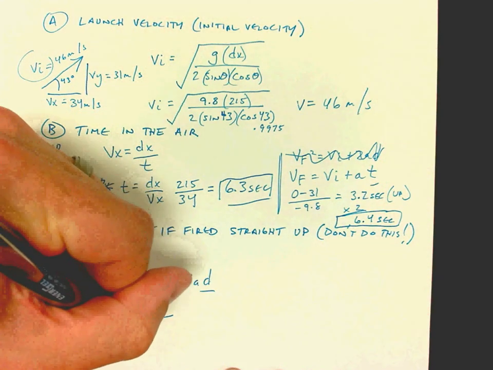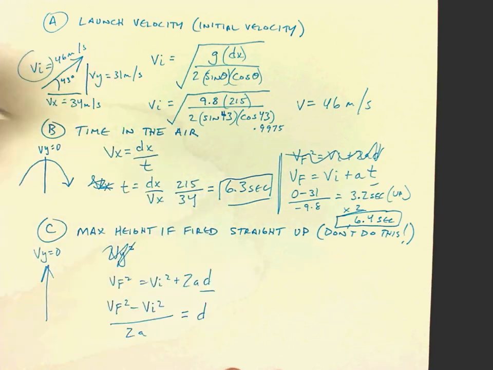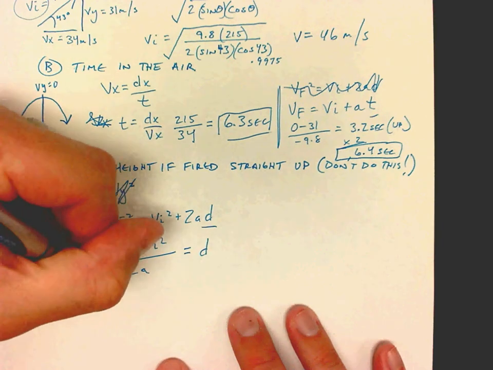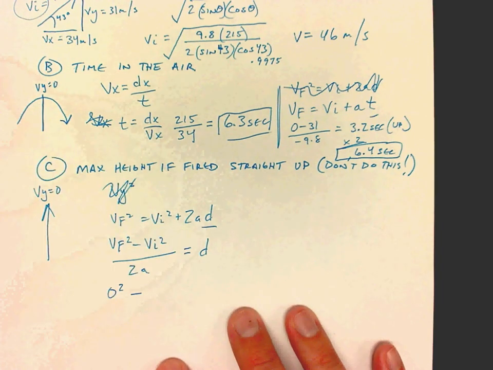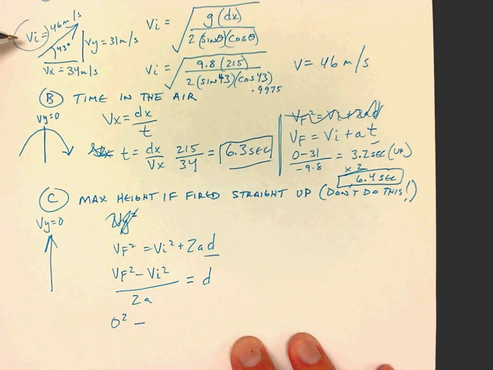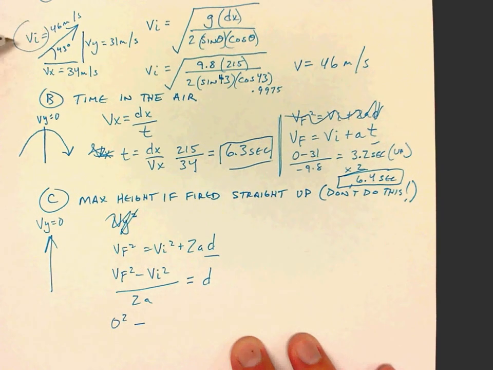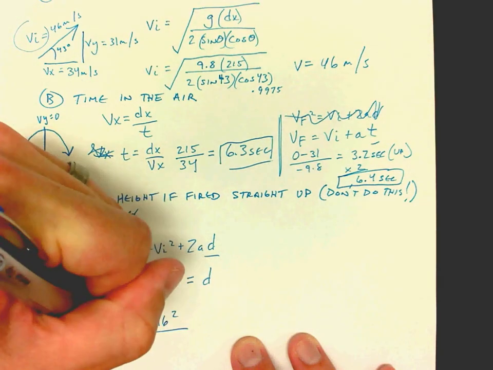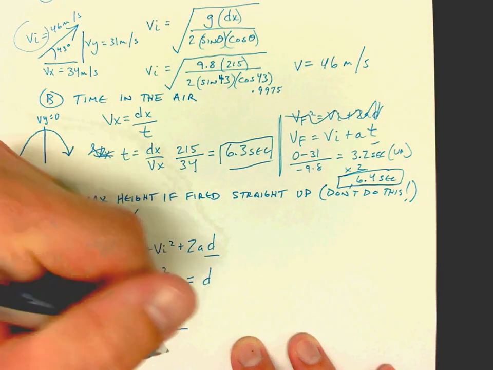And then we can plug in values. Final velocity, that thing's going to come to a stop all the way at the top. The initial velocity here, since we're actually firing this or launching this straight up, is the actual Vi. So it's going to be 46 meters per second. We're going to divide that by 2 times negative 9.8. And we're going to get our number.